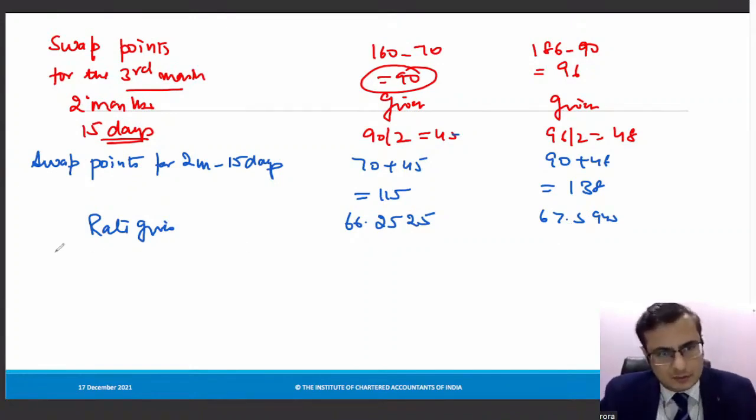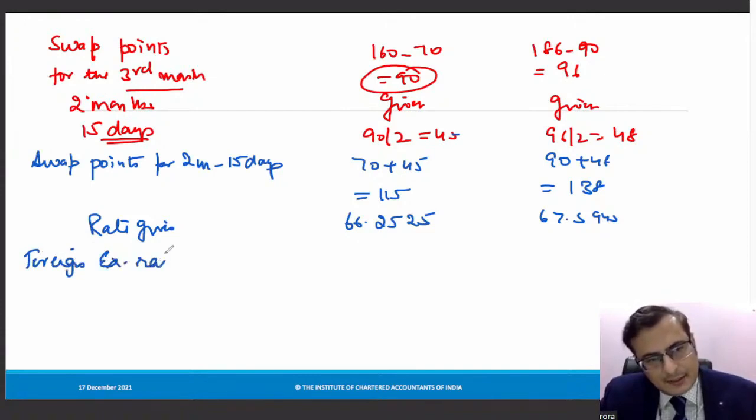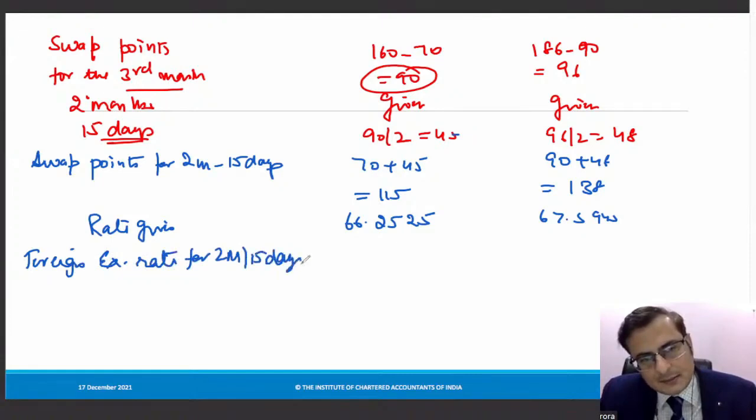Okay. So the foreign exchange rate for 2 months and 15 days.